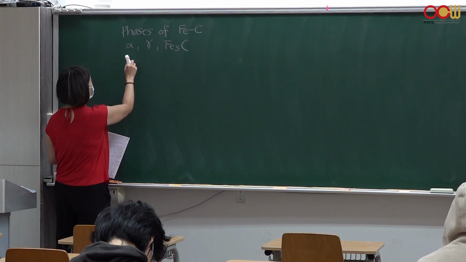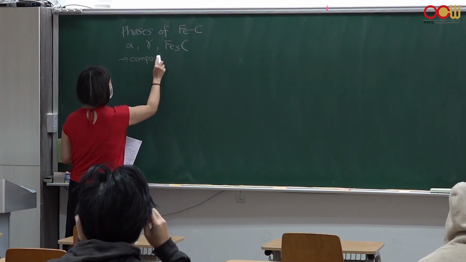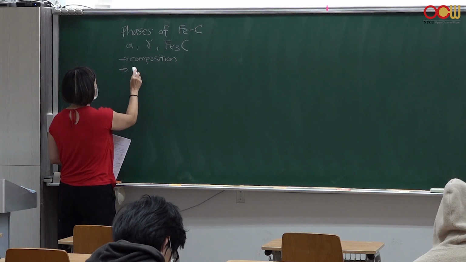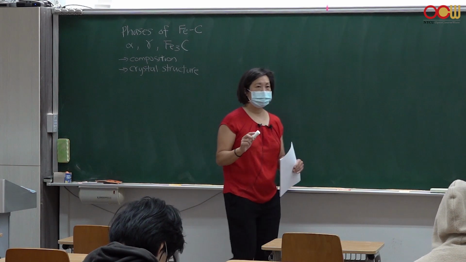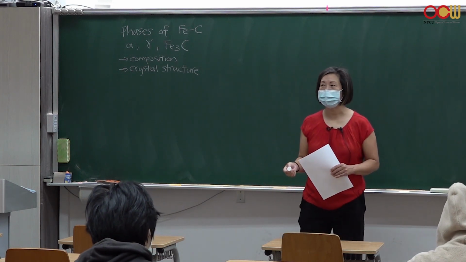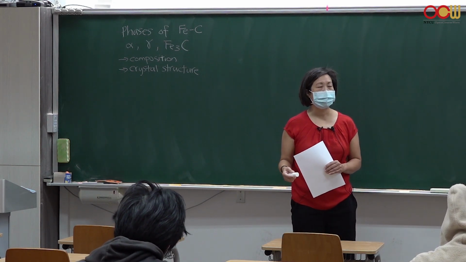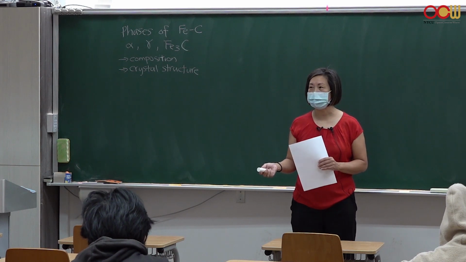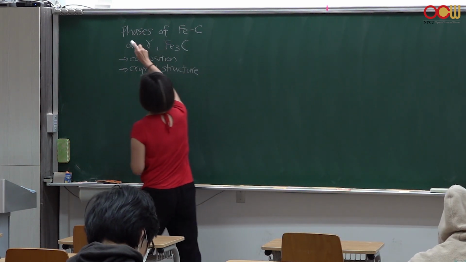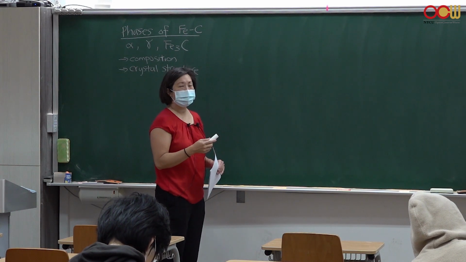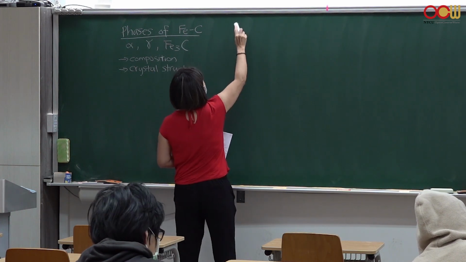These all tell us something about the composition and crystal structure. We know that ferrite is body-centered cubic, austenite is face-centered cubic, and Fe3C, or cementite, is another kind of crystal structure. So those are the phases of an iron-carbon alloy.